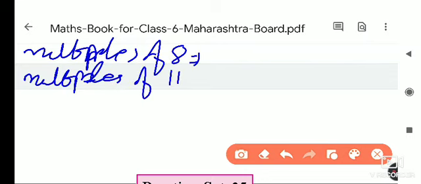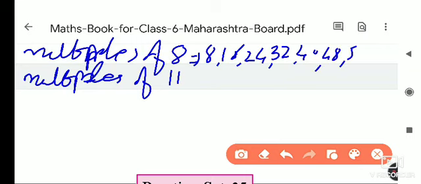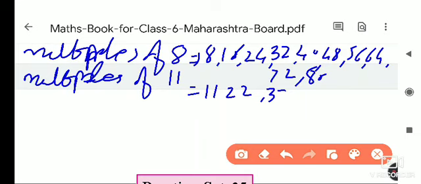So I will write the 8 table. 8 ones are 8, 8 twos are 16, then 24, 32, 40, 48, 56, 64, 72 and 80. And the 11s I will write: 11 ones are 11, 11 twos are 22, 33, 44, 55, 66 and 77, then 88.